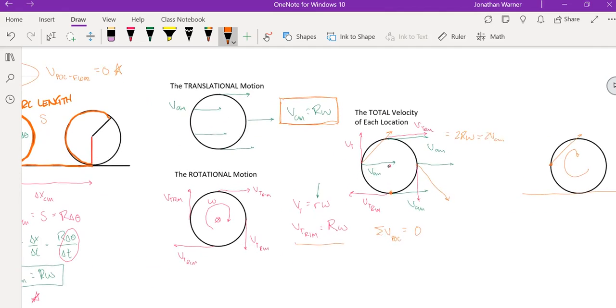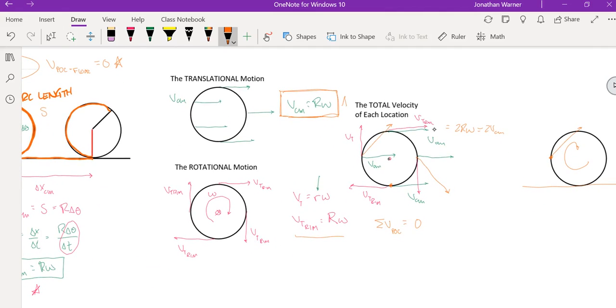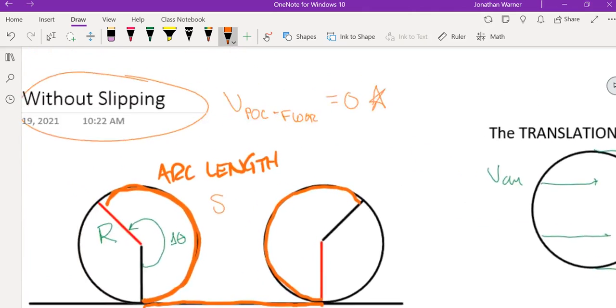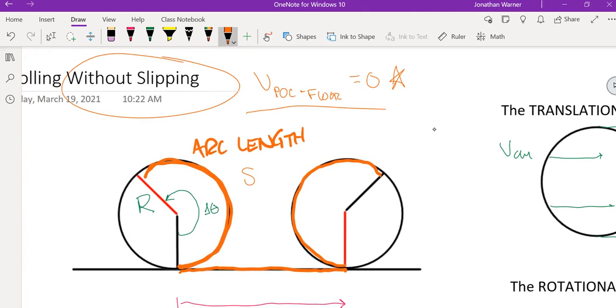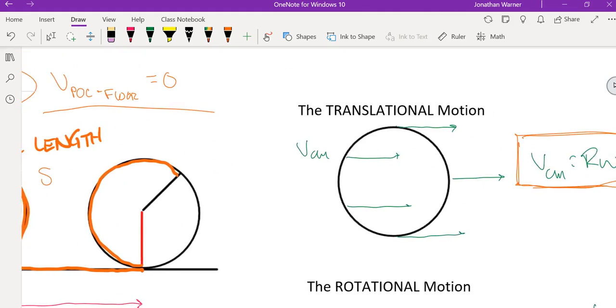Okay, so here's the main point, folks. This is really the main point. If you're a get-down-to-brass-tacks kind of person, the definition of an object that rolls without slipping means that the point of contact can't move relative to the floor. That means not slipping. And why is that the case?